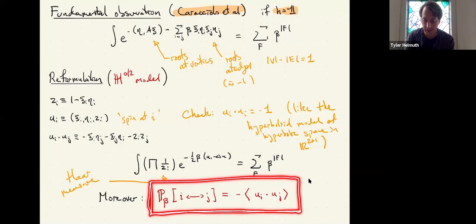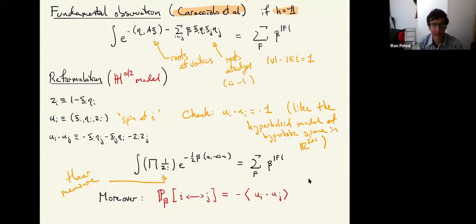This is not a probabilistic expectation. It's a fermionic expectation, but it gives you something that looks more like spin models, like the Ising model that we're familiar with. So this is what I meant by the H^{0|2} model has a graphical representation in terms of spanning forests.